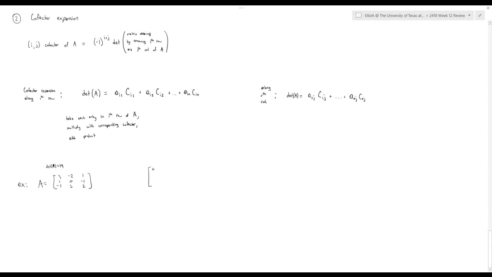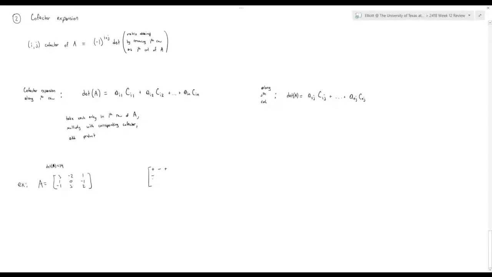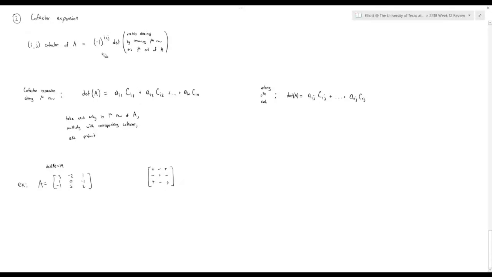So I'll draw the visual down here. If you start with a plus sign in the first entry of your matrix, and then you alternate in sign along the first row and first column, and then continue alternating in sign along each of the rows, that tells you whether -1 to the i plus j will be plus or minus, depending on your i and your j, okay?